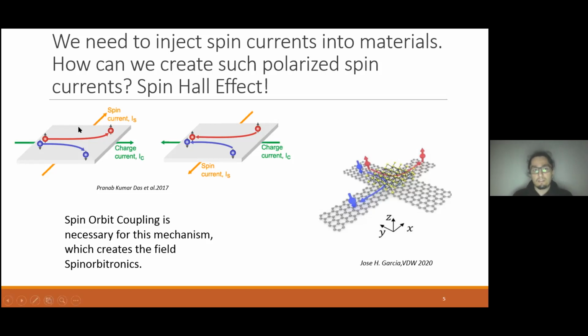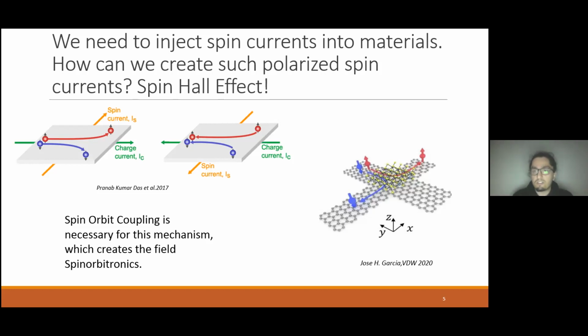At the left, you see this mechanism in two ways. We send the charge current in one way, and we send the charge current in the other way. In both, we can observe the same mechanism once again. At the right side, you see a basic showing of the mechanism, which is the charge current made of two distinct spin states sent into the material, which is, I think, molybdenum telluride.